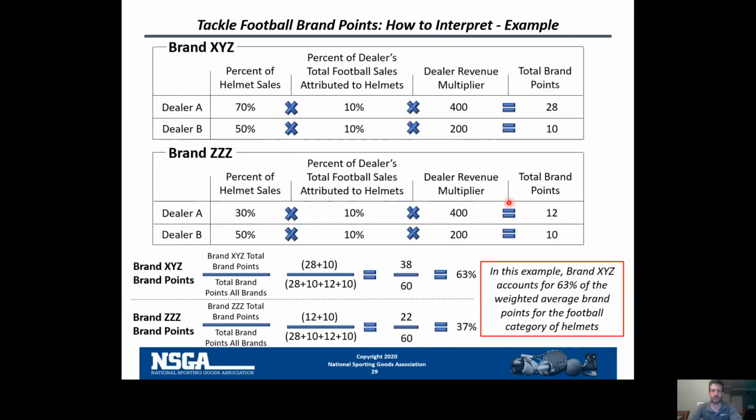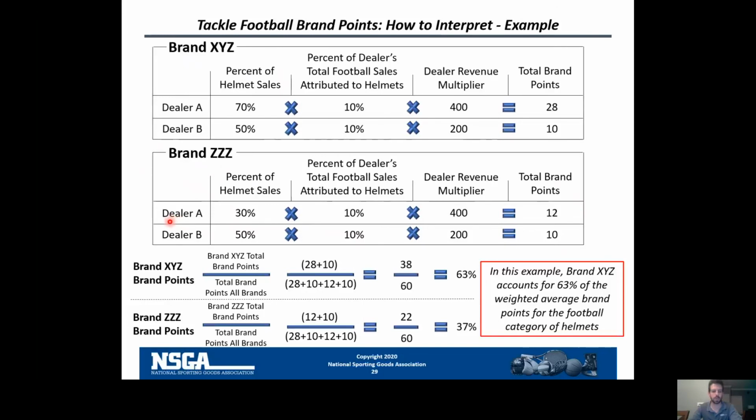Okay, and we carry out the calculations for the brand points. 0.3 times 0.1 times 400 gives us 12 brand points, and 0.5 times 0.1 times 200 gives us 10 brand points for this second brand here.